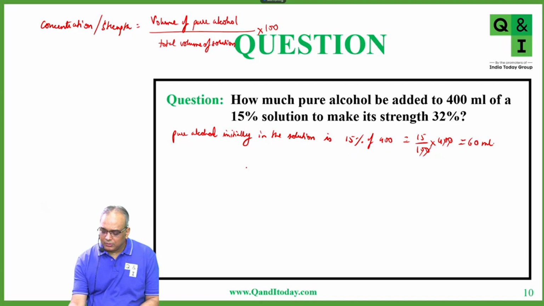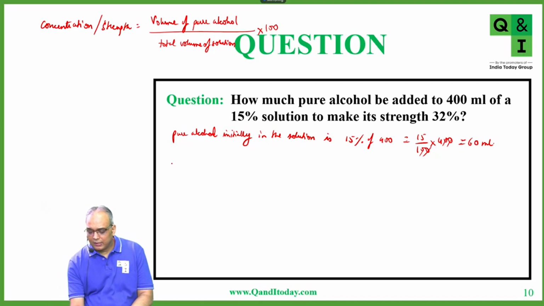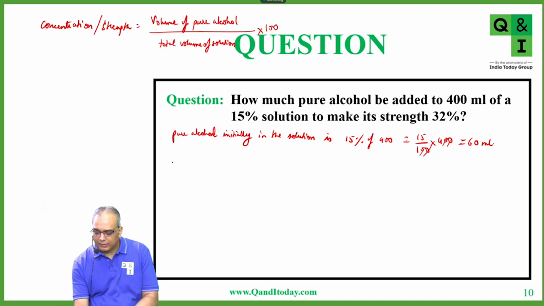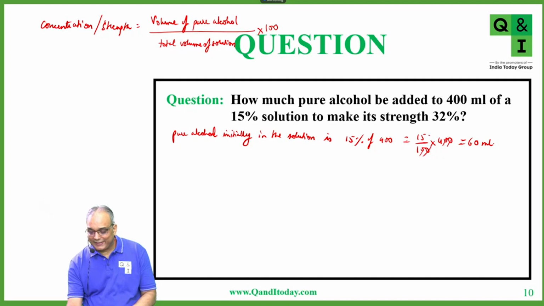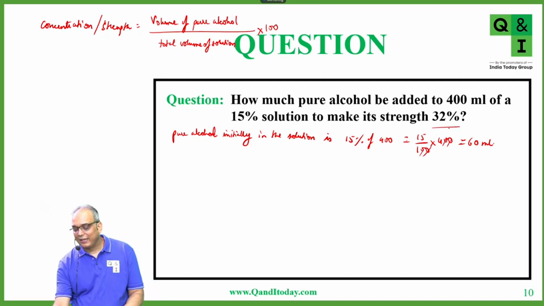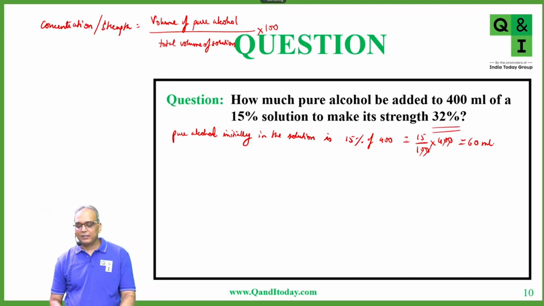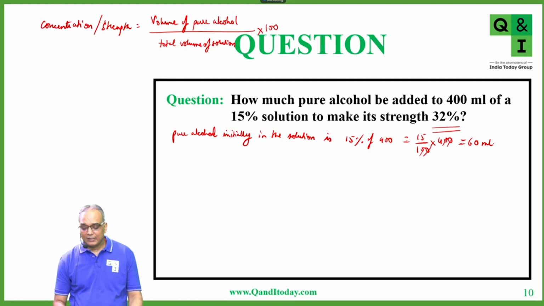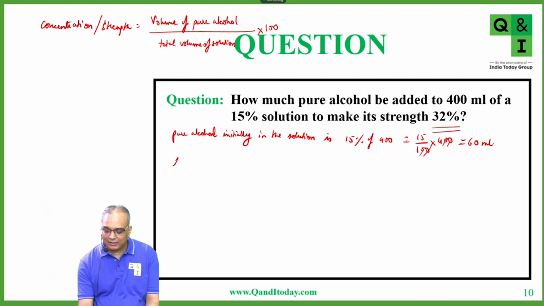Later on, the solution has 32% pure alcohol and we are asking how much pure alcohol we are adding. Initially it was 60 ml.